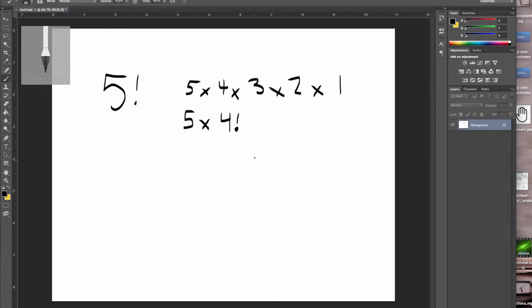So this itself is a fractal, and of course we could redefine that as 4 times 3 factorial. So each one of these has something that resembles itself inside of that same equation. So this is like a fractal type of math pattern.